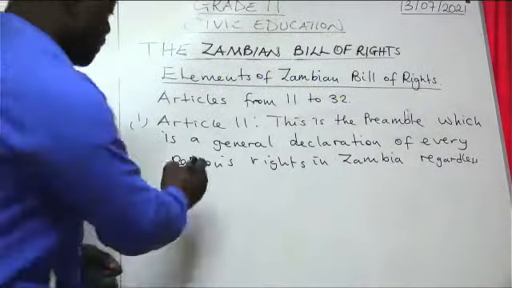So Article number 12 looks at the protection of the right to life. Are we together? This right is described as the supreme human right because all rights are dependent on it.